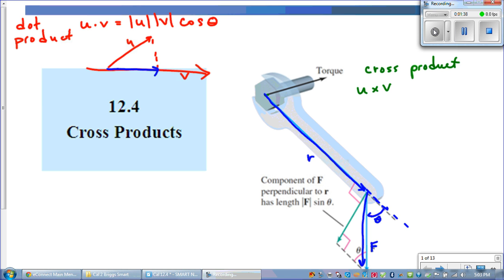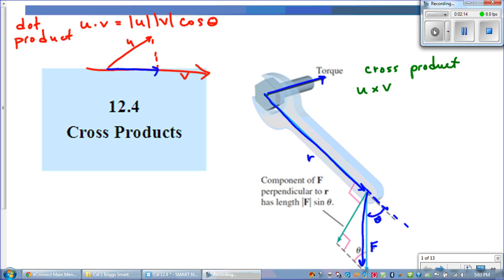Now, when you apply the force F to that handle R, you're generating a twisting action in a plane, in a direction that's perpendicular to the plane containing R and F. Now, that twisting action depends on three things. It depends on the magnitude of R, the magnitude of F, and the angle that F makes with R. Okay, now that twisting action is called torque.